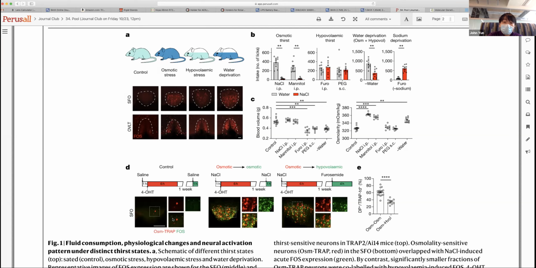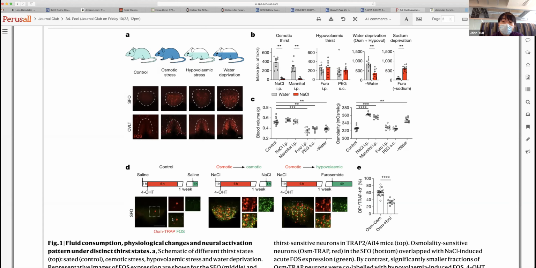And then in C, they measured the blood volume and the osmolarity between the various groups to make sure that injecting the hypertonic solutes or the furosemide indeed had an effect on both the volume and osmolarity. And then for D, they wanted to see if the osmotic and hypovolemic stresses are detected by the same neurons. And so they employed an activity-dependent genetic labeling.